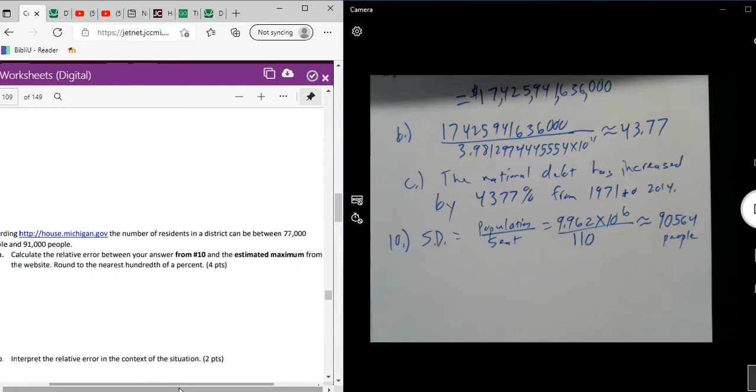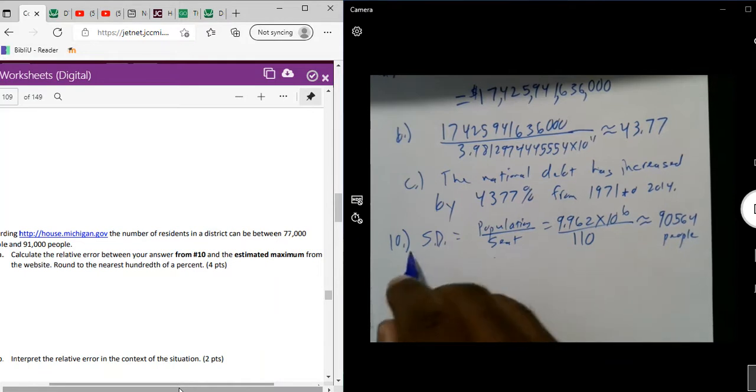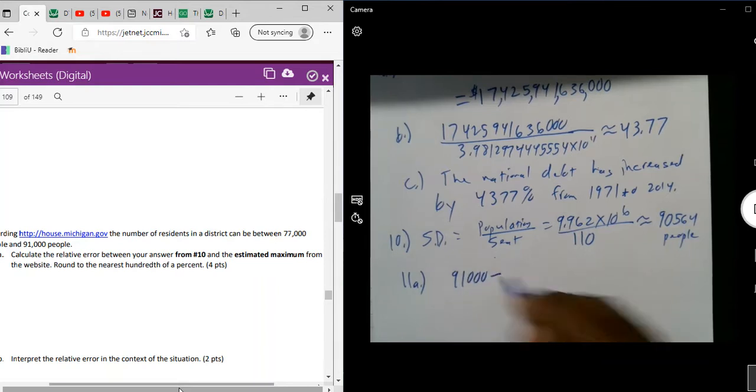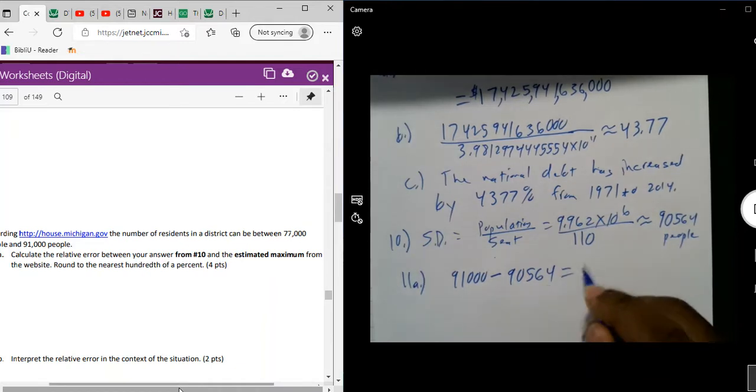So the relative error is the estimate minus the actual. So the estimate is 91,000. This is actually number 11A. So the estimate is 91,000 minus 90,564. So our difference here would be 436.